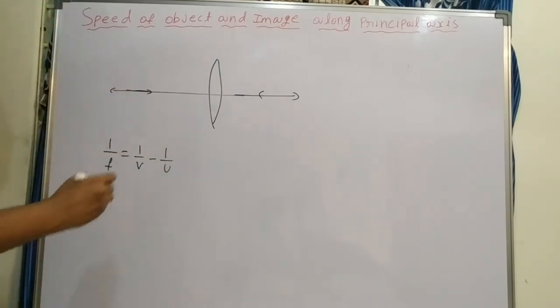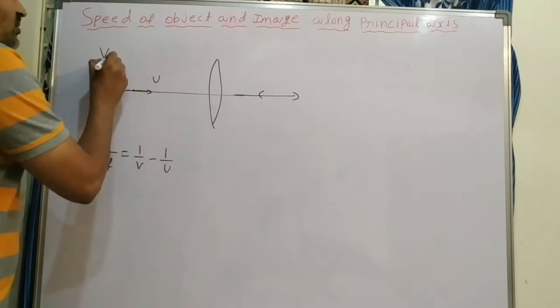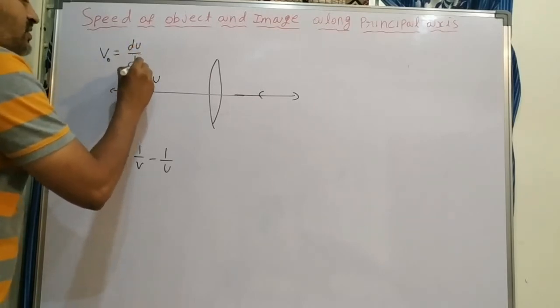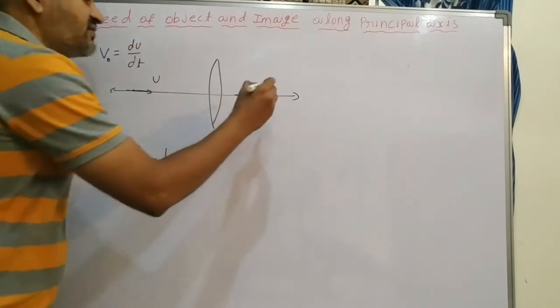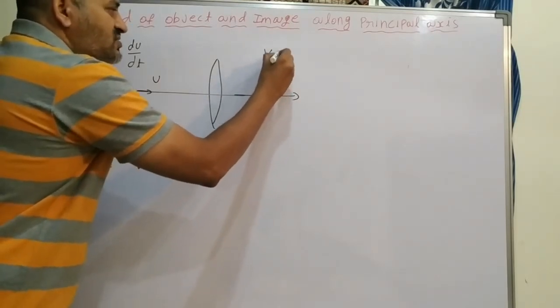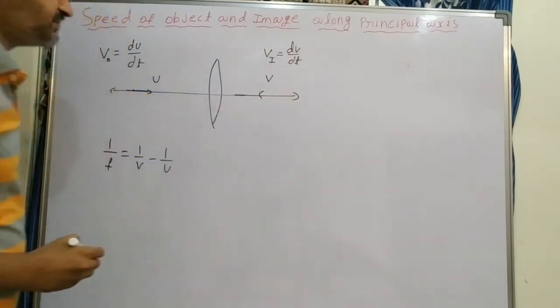Suppose the object position is u, and the velocity of the object is du by dt. And if the image distance is v, the velocity of the image is Vi equal to dv by dt.